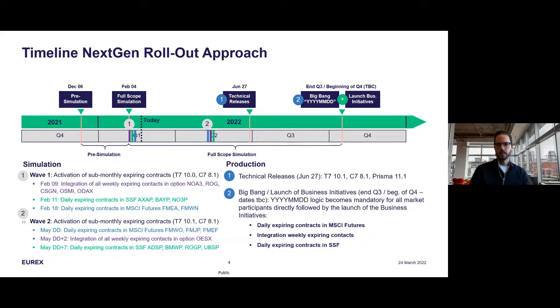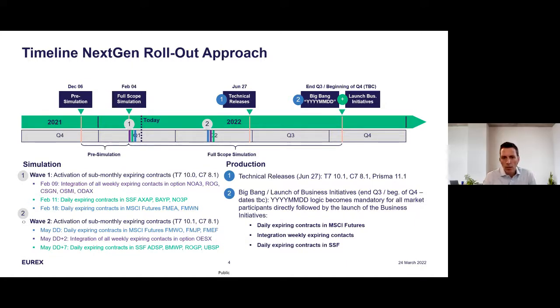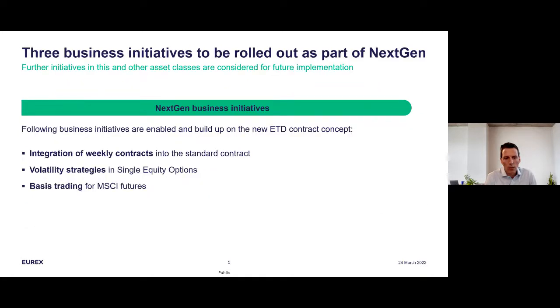Thank you very much, Markus. So basically, this whole project is currently driven by 3 initiatives. On slide 5, we see there are 3 different initiatives. The first one is the integration of the weekly contracts into the standard contracts. This is certainly the major initiative in terms of that we basically touch existing products here.